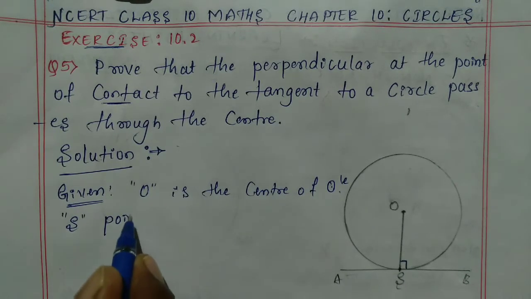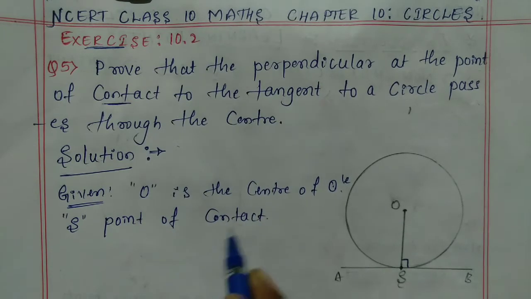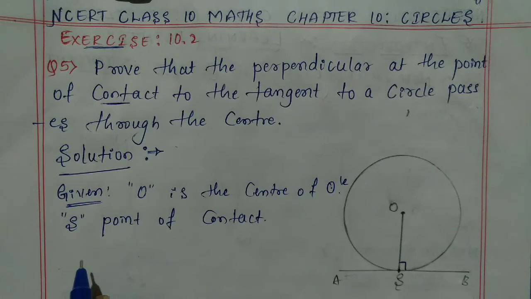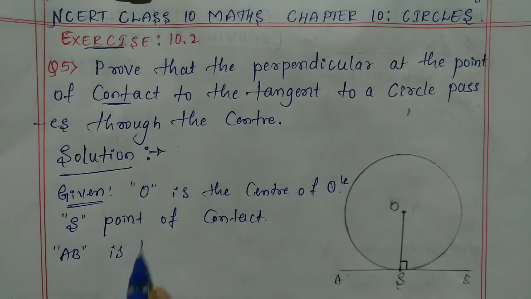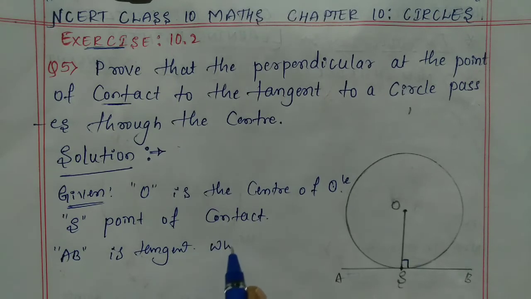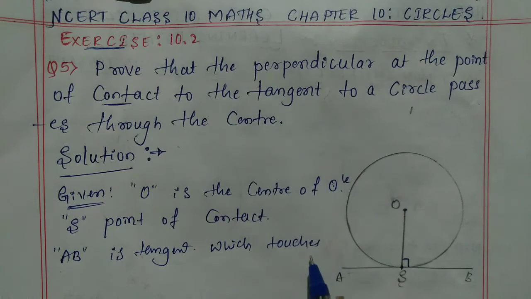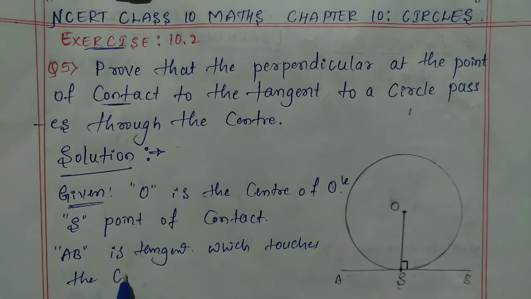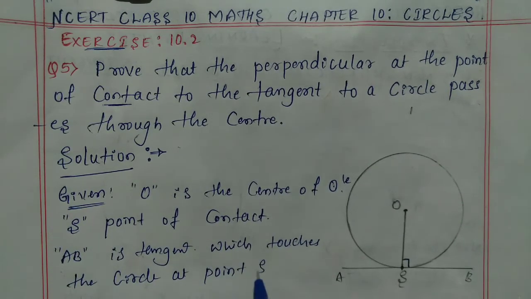Next, AB is tangent, so I will write AB is tangent, which touches or intersects the circle at point S.